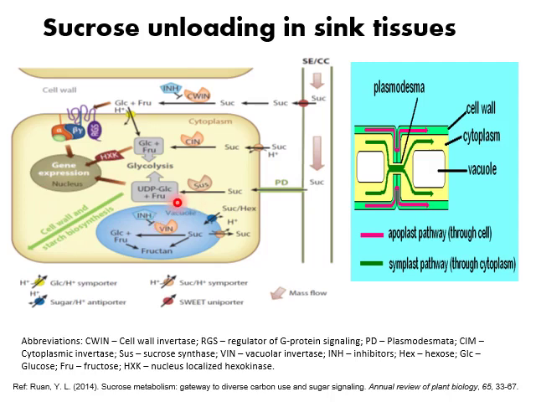Then another way by which sucrose can enter into the sink tissues is through the sucrose transporters, which allow the entry of sucrose molecules, and once the sucrose enters the cytoplasm, it is broken down into glucose and fructose using the cytoplasmic invertase.